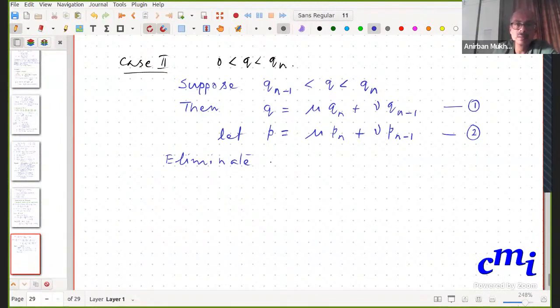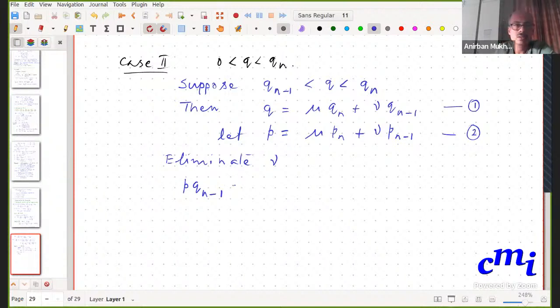So, eliminating nu: the second equation is multiplied by p minus 1 and the first equation is multiplied by q minus 1.